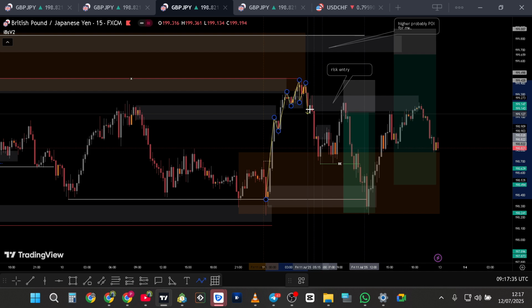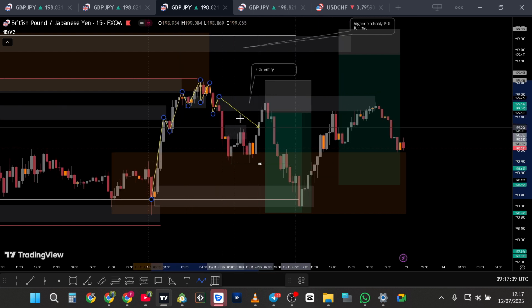Inside this pullback that I'm drawing right now, we can see that price shot off to the downside. I told my guys that we have this supply that price could be reacting from, because after this change of character we had no return. So maybe that return would happen after price came to that supply and then continued to the downside.